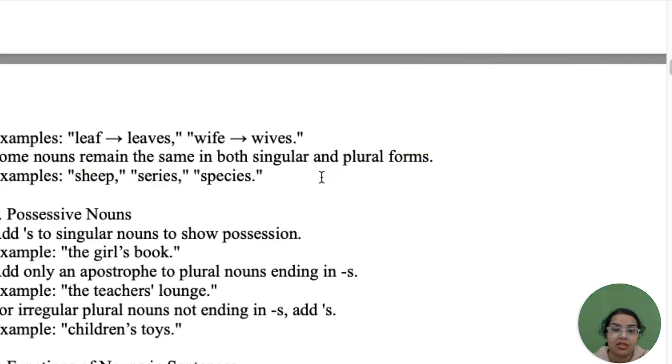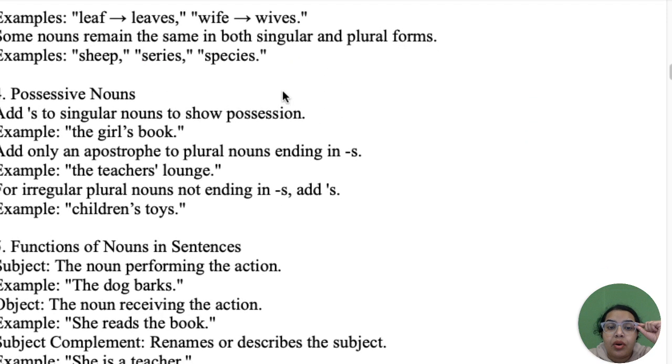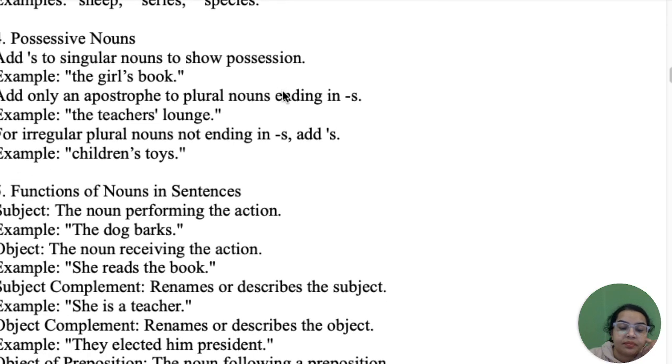Next one, super important. Possessive noun. Possession is not something we just keep talking about. First you should know where we use it.